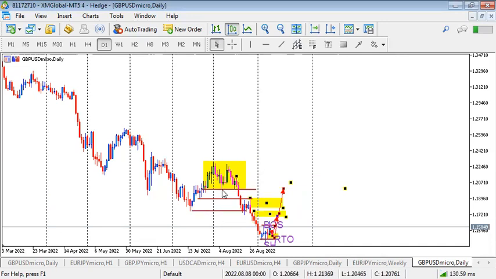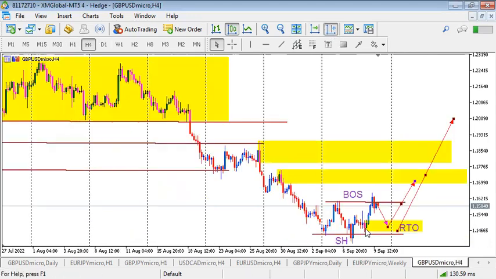Price took out multiple lows, 1, 2, 3, in the process of expansion. So this is classic market cycle. Anyway, the market always does what it wants, and if the trend is strong, it most likely won't get to that region.